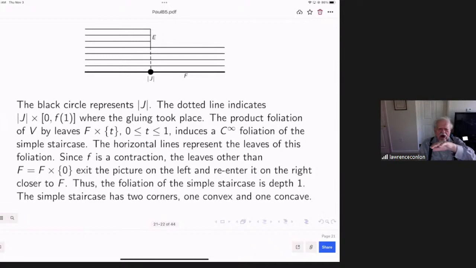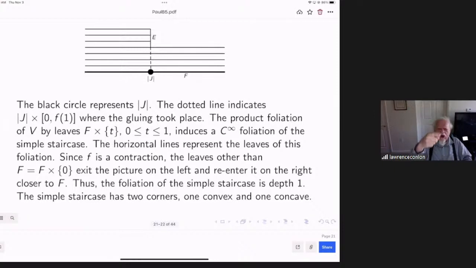So the horizontal lines, you see them exiting the figure on the left, and they're coming back into the figure on the right, but closer to F. So we're getting depth 1 leaves, except at F itself, which is a depth 0 leaf. And we have a foliated manifold with corners, a convex corner and a concave corner.